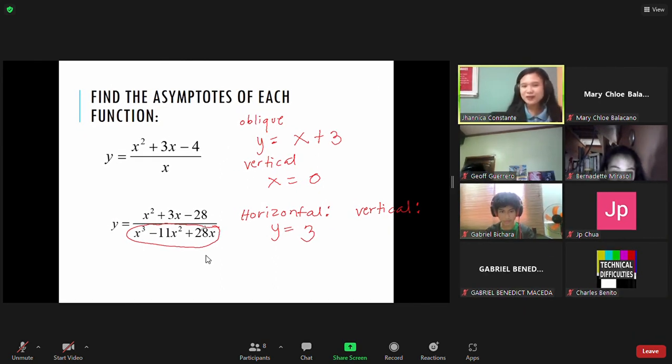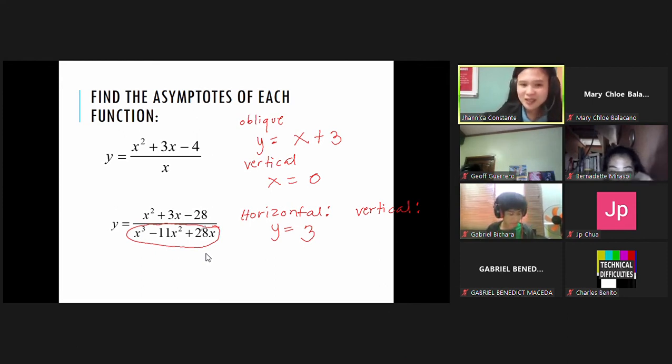We have the factor for x cubed minus 11x squared plus 28x.